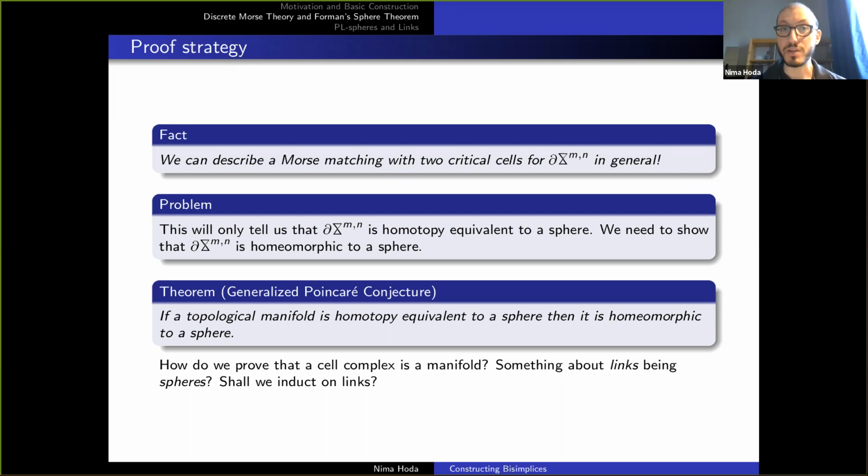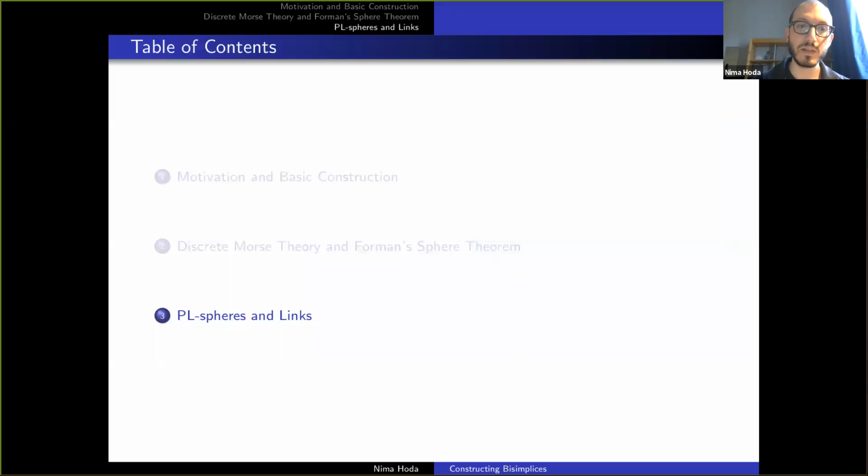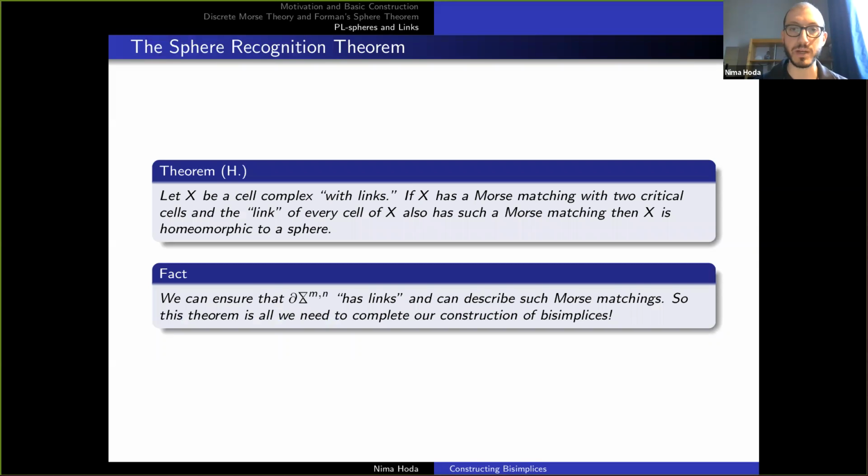Maybe we can show that they're homotopy spheres, and then show that the links of links are homotopy spheres, and so on. Let's talk about what it means to be able to take links in a cell complex. We know how to do it in certain families of complexes, simplicial complexes, cubical complexes, but it turns out that it's not possible in general for all regular CW complexes.